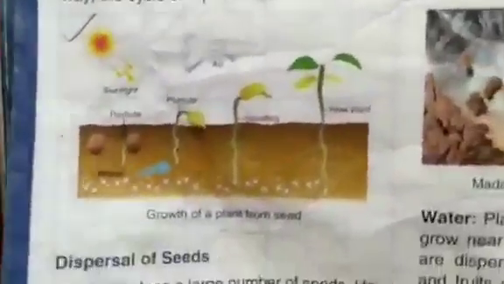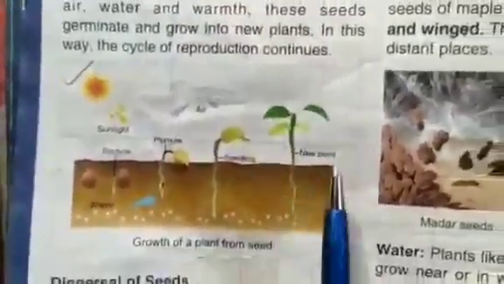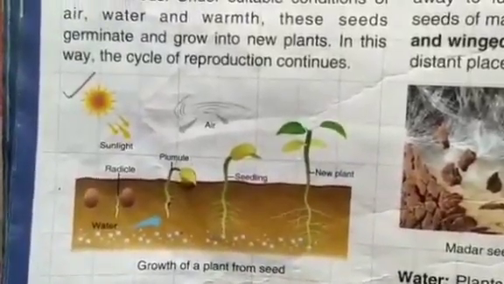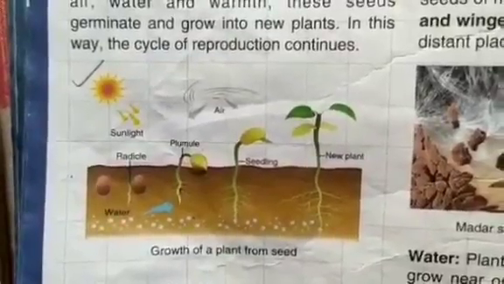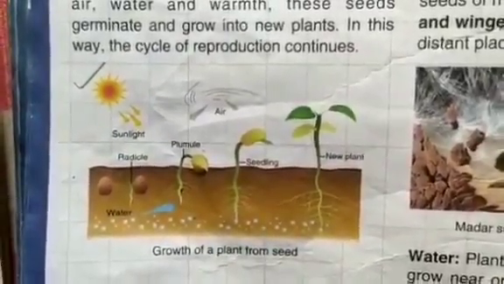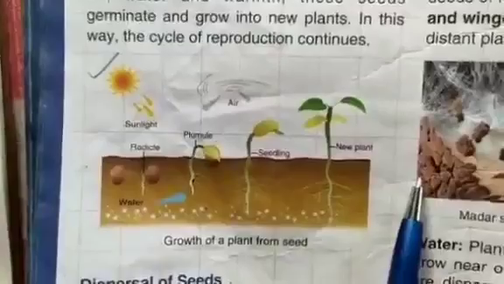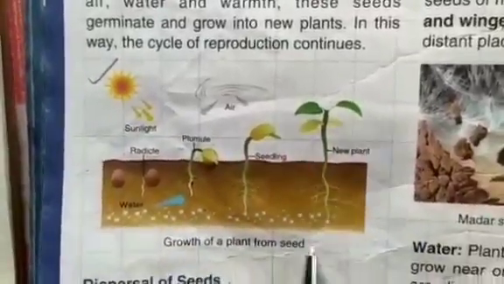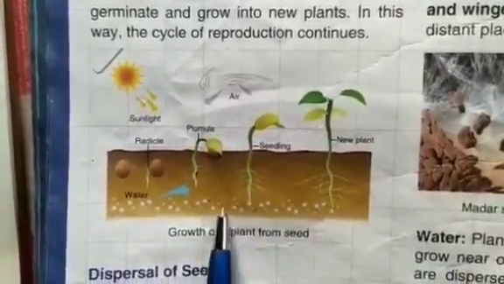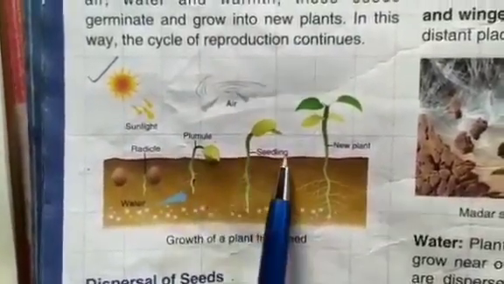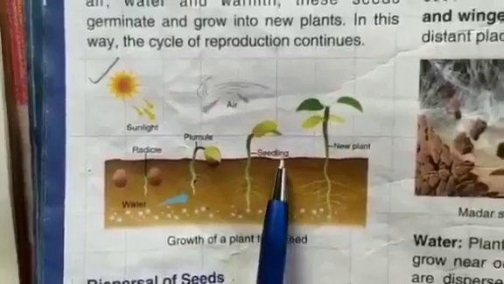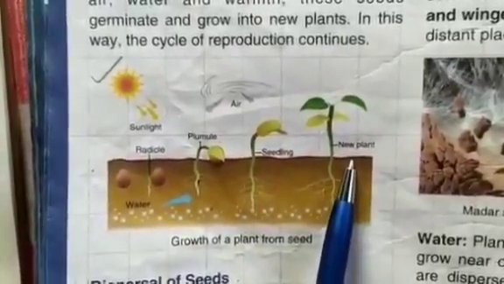When the green leaves grow and get sunlight, it begins to make food by the process of photosynthesis. Through this process, growth of a plant from a seed happens. First it produces radicle, then plumule, then a seedling, and then it grows into a new plant.